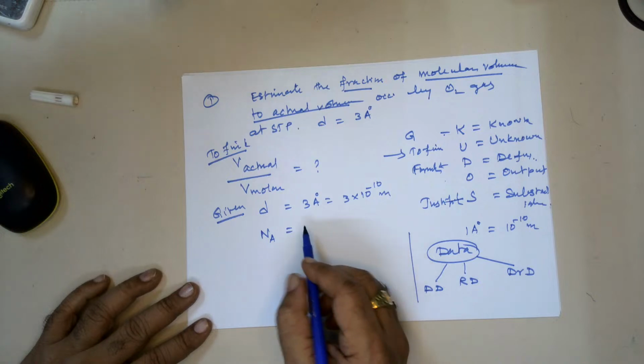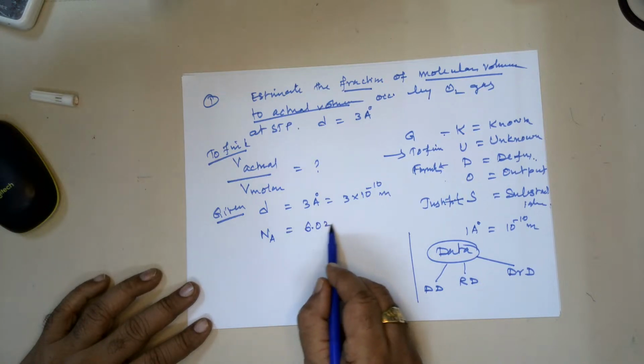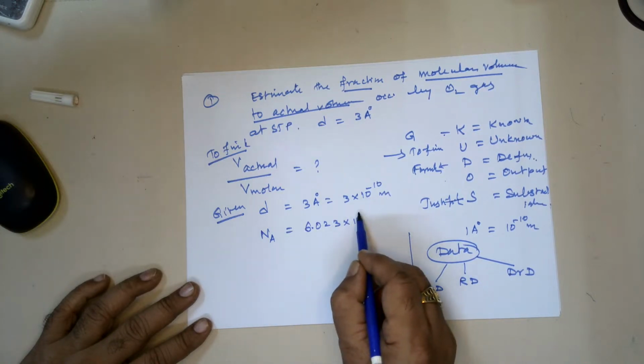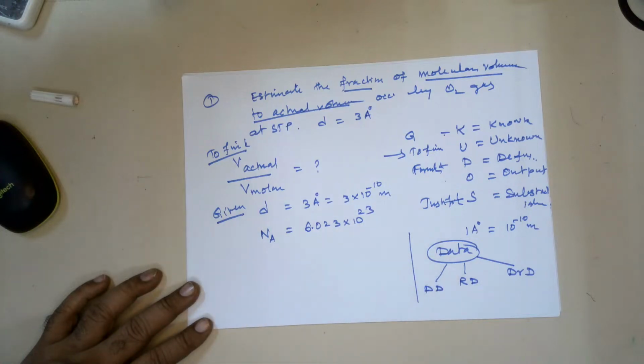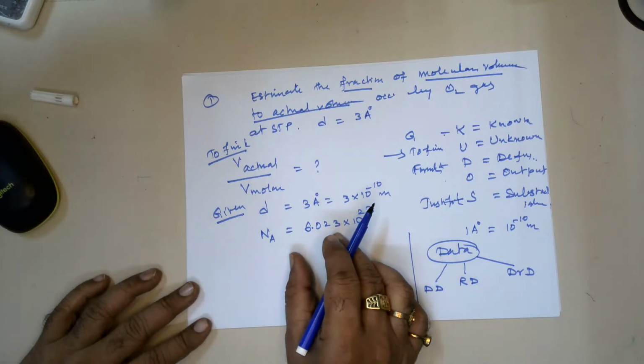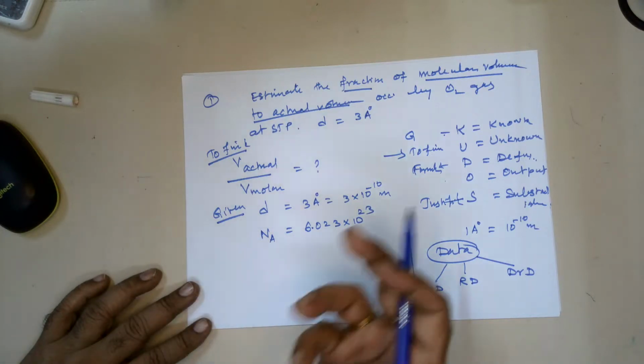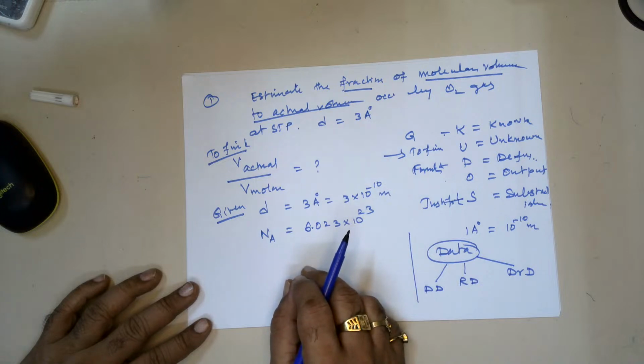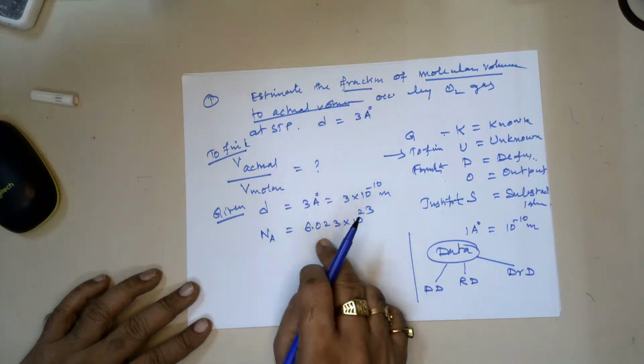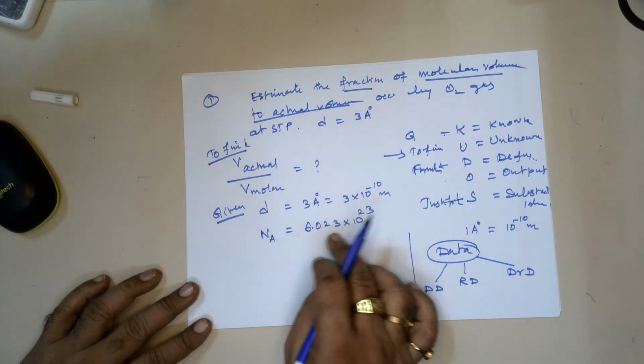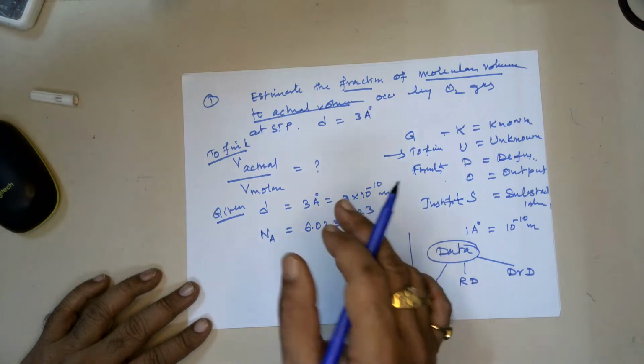Avogadro's number is nothing but 6.023 into 10 power 23. And it means what? When we take 1 mole of oxygen molecules, it consists of 6.023 into 10 power 23 molecules.